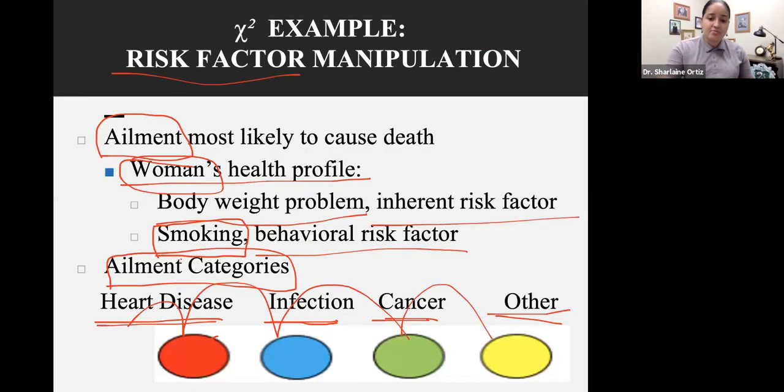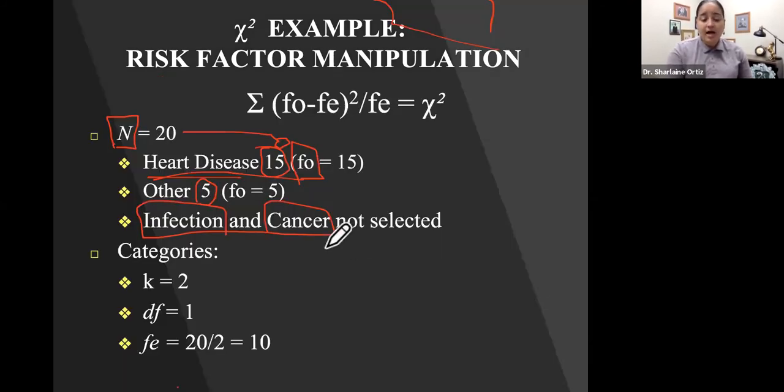Therefore, I went from 4 categories to just 2 categories, my heart disease category and my other category. That number of categories, 2, I'm going to represent with the letter K.